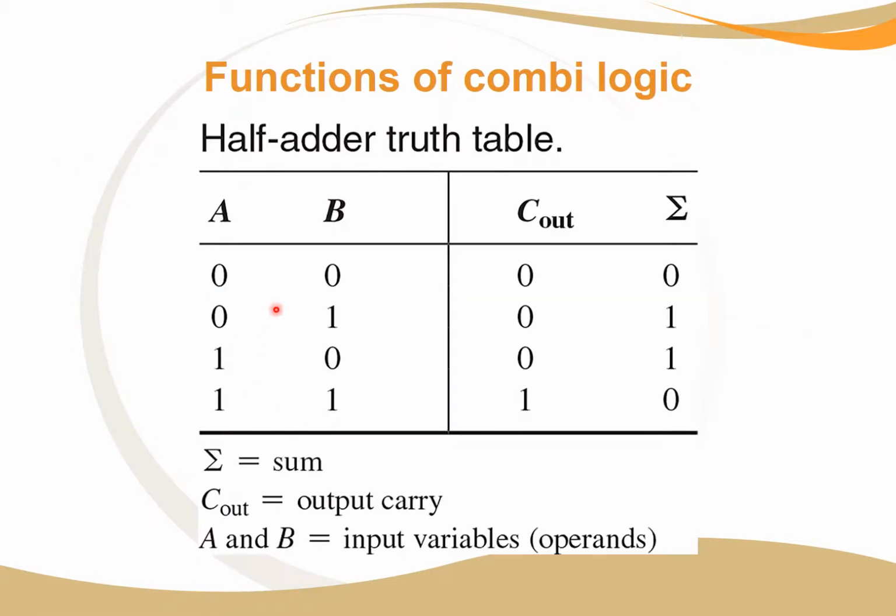Here's a truth table for the half adder. A and B inputs, and the carry, and then the sum. So adding 0 and 0, we don't have any carry, and the sum is 0. 0 and 1, no carry, sum 1, and 1 and 0, no carry, sum 1, and 1 and 1, you have a carry, and sum 0.